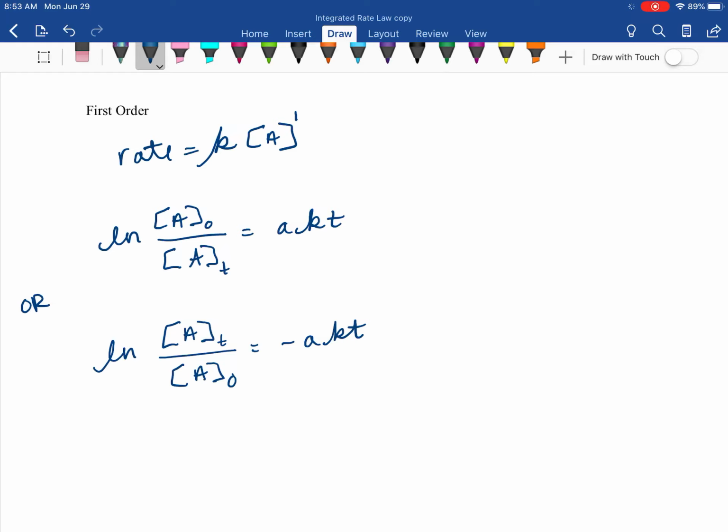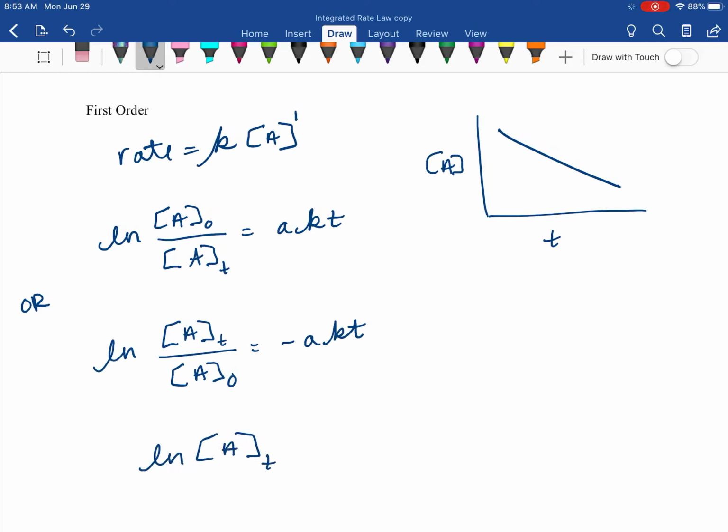And then what are we going to do if we want that to be linear? So what if we, again, we're going to have a plot where we're going to discover that we have a nice negative slope there. And if we rearrange these equations to give us the line equation, we are going to notice this.